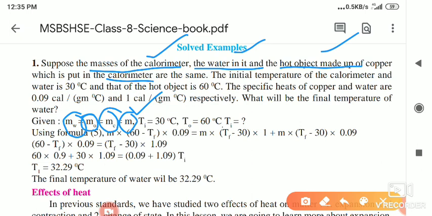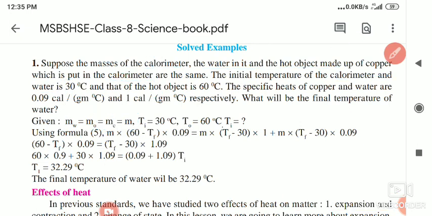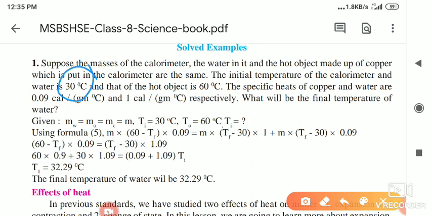Now the initial temperature of the calorimeter and the water is 30 degrees Celsius. This is the initial temperature of the water, and the hot object of temperature 60 degrees Celsius is put inside the water.